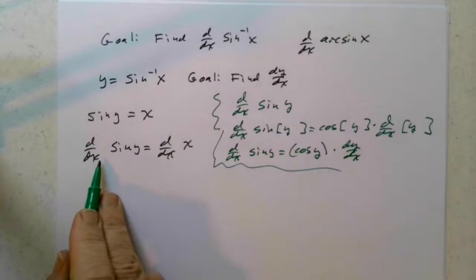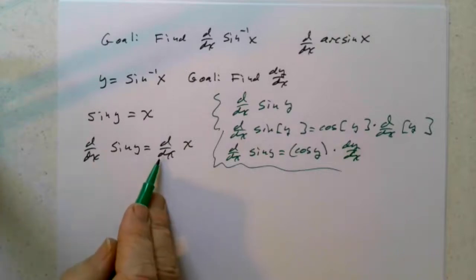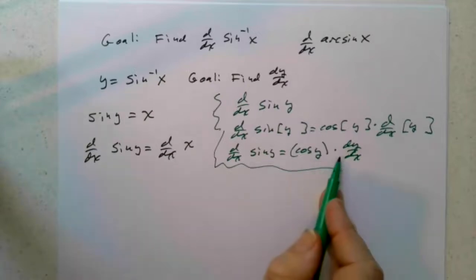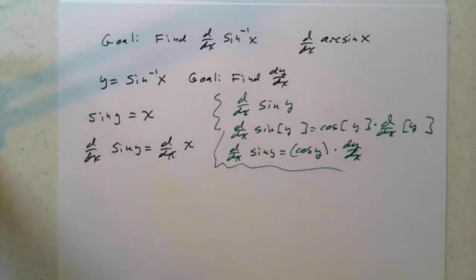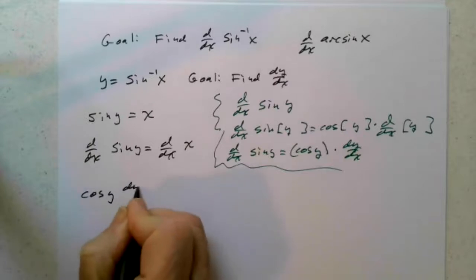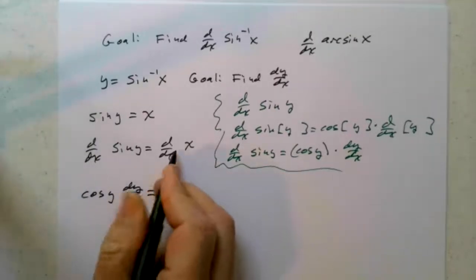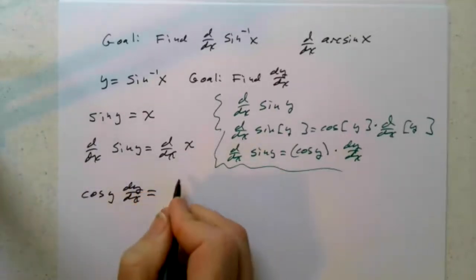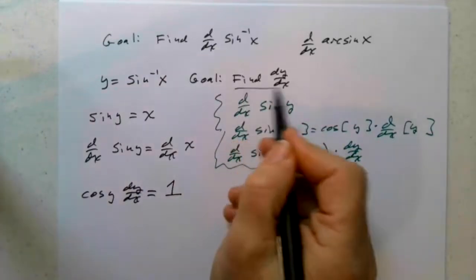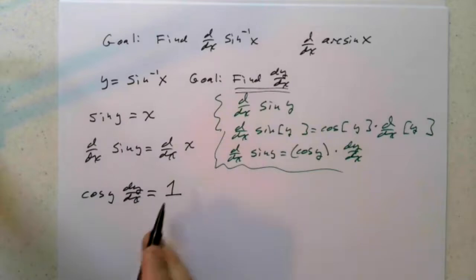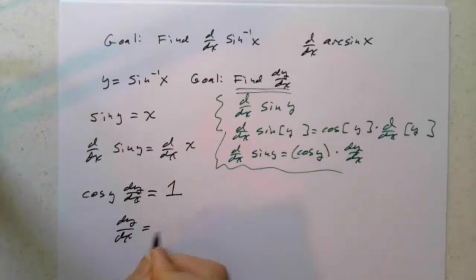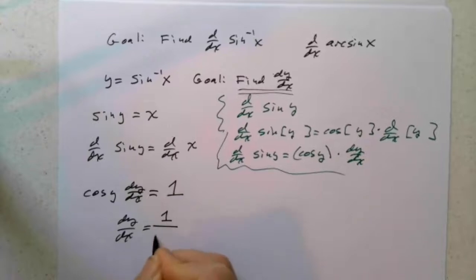So the derivative with respect to x of sine y is cos y dy/dx, equals the derivative with respect to x of x, which is just 1. Remember, our goal is to find dy/dx. So we're going to divide both sides by cos y. dy/dx is 1 over cos y.